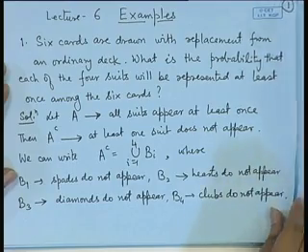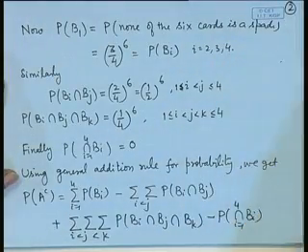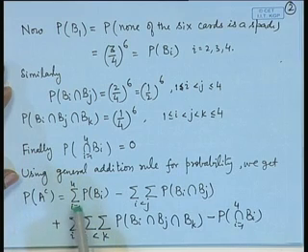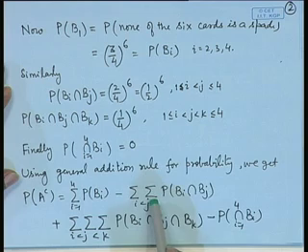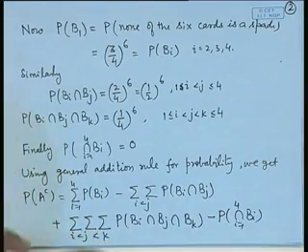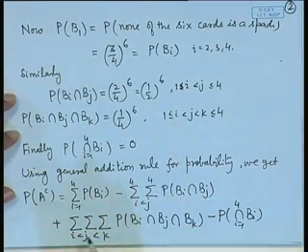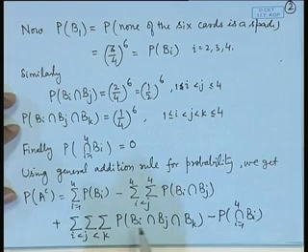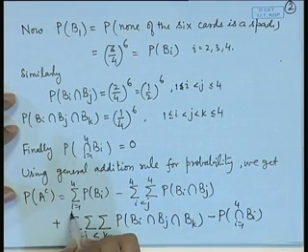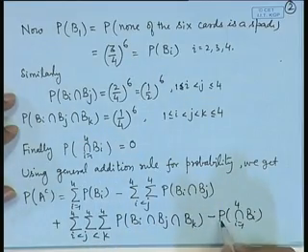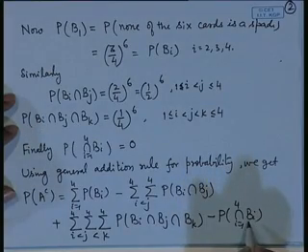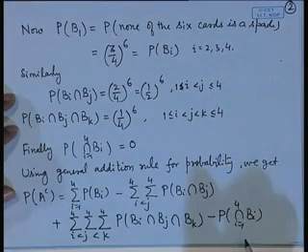So, now by the addition rule, probability of A complement is equal to the sum of probability of Bi, minus the double summation of probability of Bi intersection Bj, where i is less than j and the summation is going up to 4, plus the triple summation of probability of Bi intersection Bj intersection Bk, where i is less than j less than k and the sums are going up to 4, minus probability of the intersection of Bi, i equal to 1 to 4.